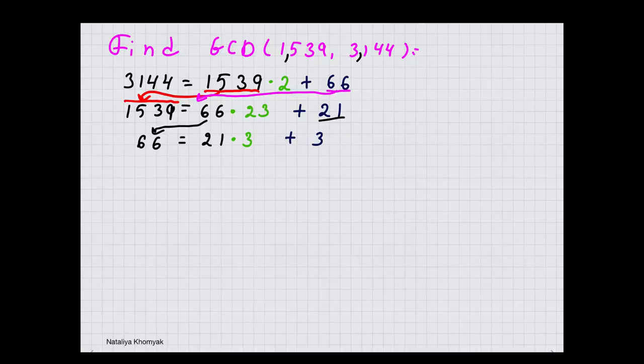Since the remainder is not 0, we apply the algorithm again. So we copy the equal sign, you move the previous remainder up front, which is 21. You don't care about the quotients.